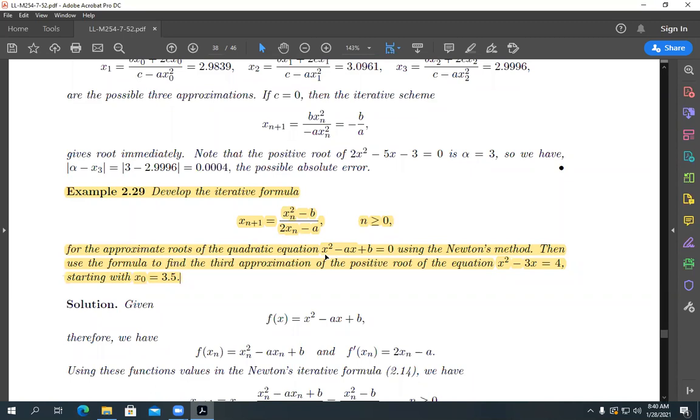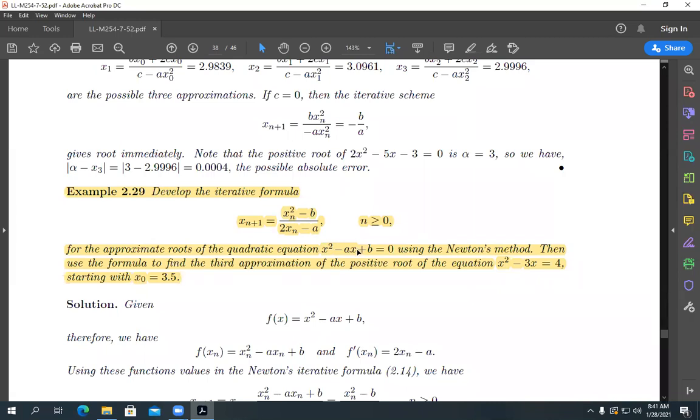This is a Newton formula, because I say this is a formula for this quadratic equation with the help of the Newton method, right? The question is: show that this is the Newton formula for this nonlinear equation. This is the first part.